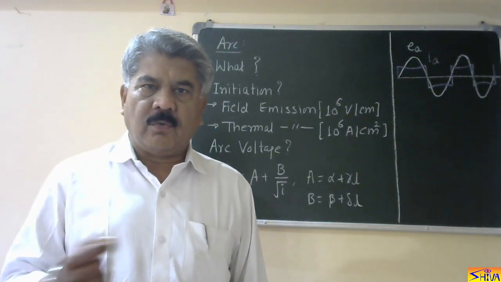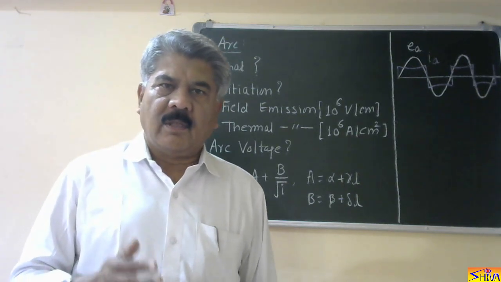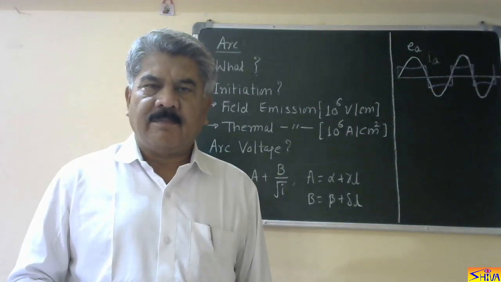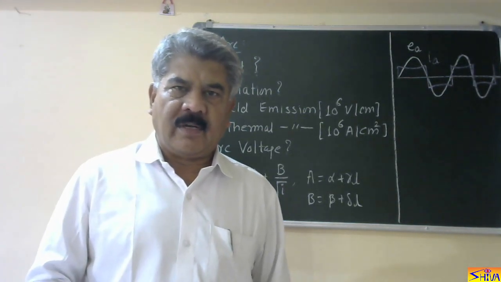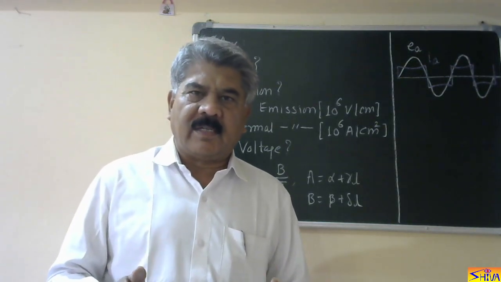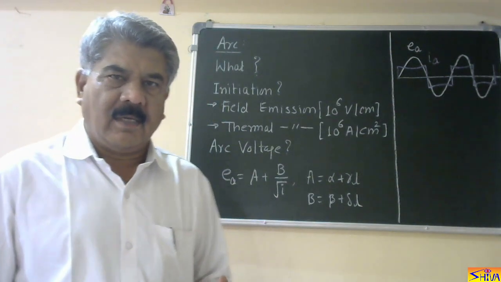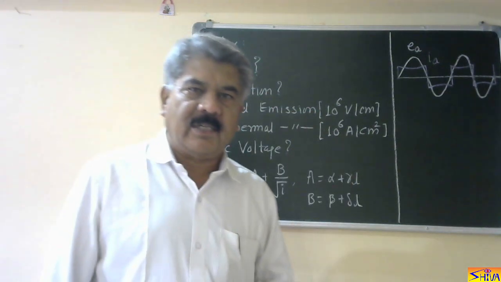Electrons flow towards the anode and positive ions flow towards the cathode. Now electrons are very light as compared to positive ions, therefore they move very rapidly and they constitute the flow of current. So basically, arc is nothing but a column of ionized gas, that is a gas which contains positive ions and the electrons.